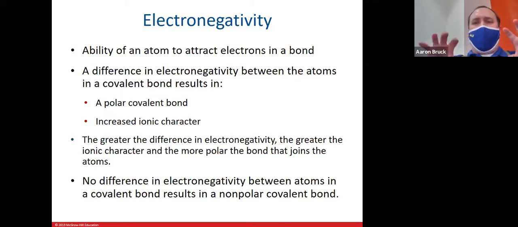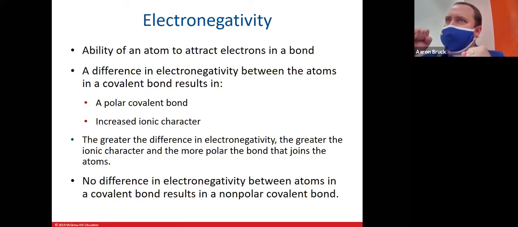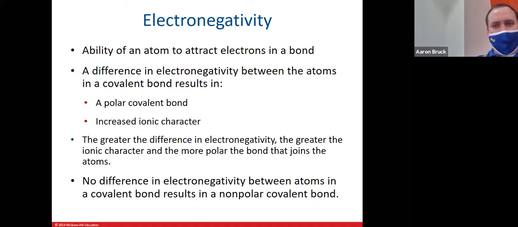Because the more alike the electronegativity is between those two atoms, the more evenly they will share electrons. The more disproportionate it is, the more uneven that sharing will be, and it'll be pointed toward the thing that has the greater electronegativity. So the more electronegativity that something has, the more likely it is to draw electrons to itself in a chemical bond.